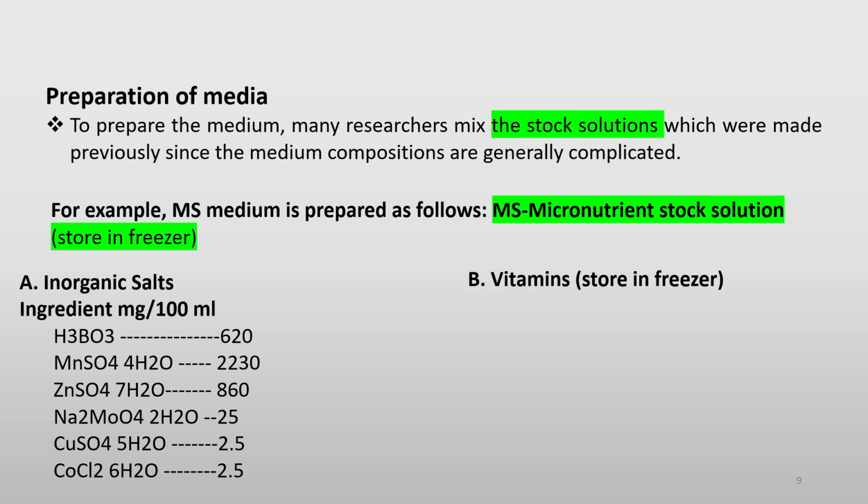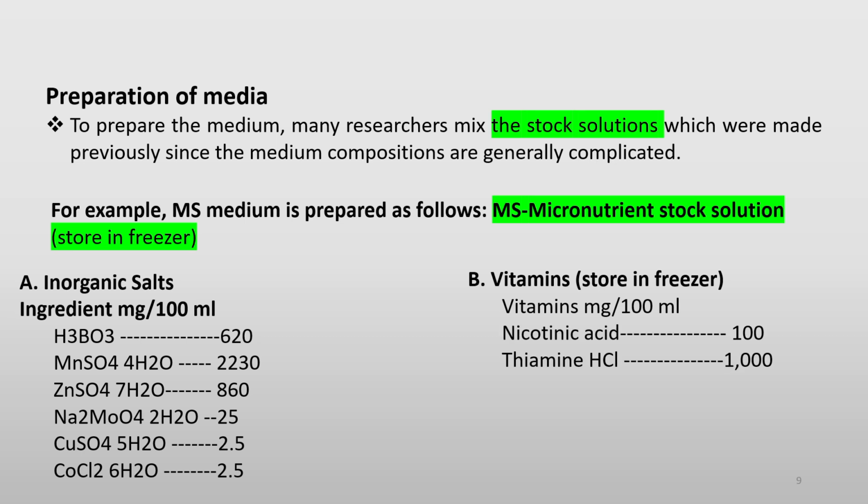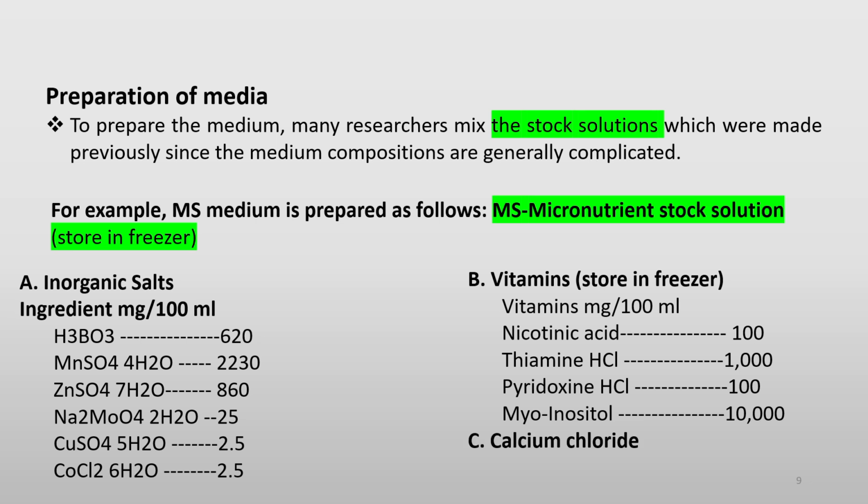Vitamins, they are also stored in the freezer. Vitamins, milligram per 100 ml: nicotinic acid 100 milligram, thiamine 1000 milligram, pyridoxine hydrochloride 100 milligram, myo-inositol 10,000 milligram, that means 10 grams.